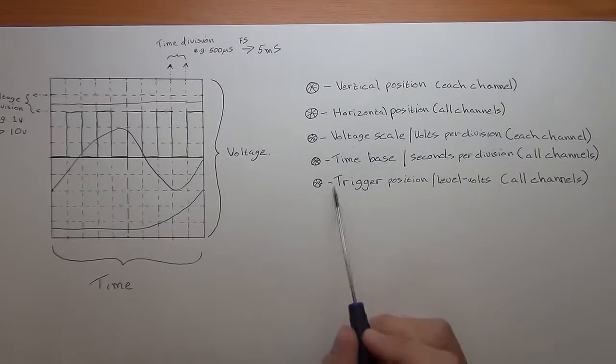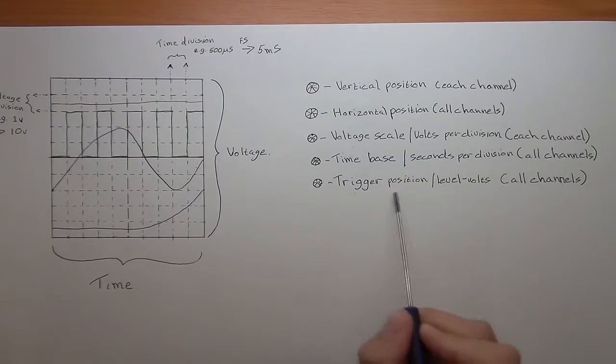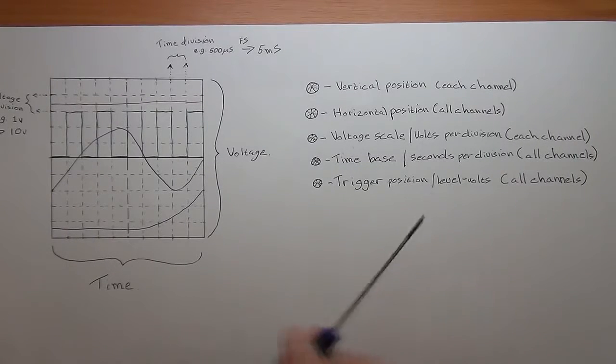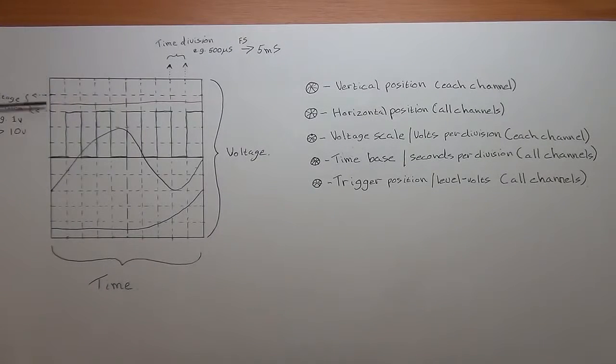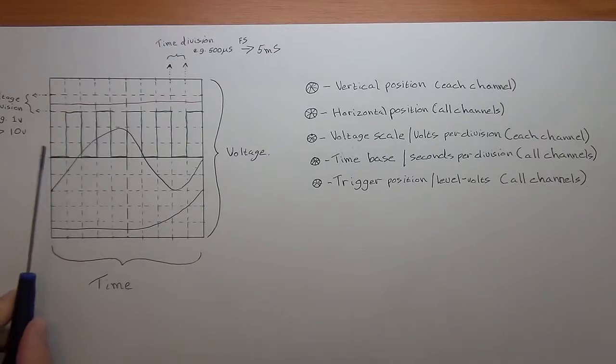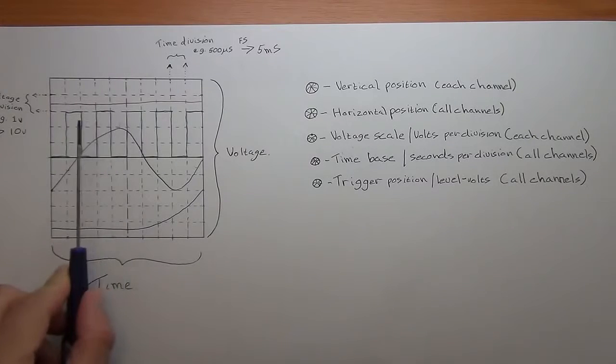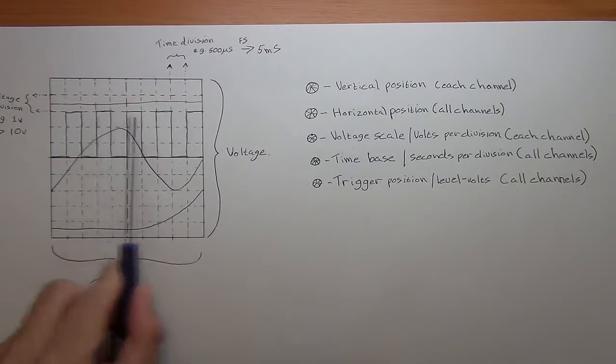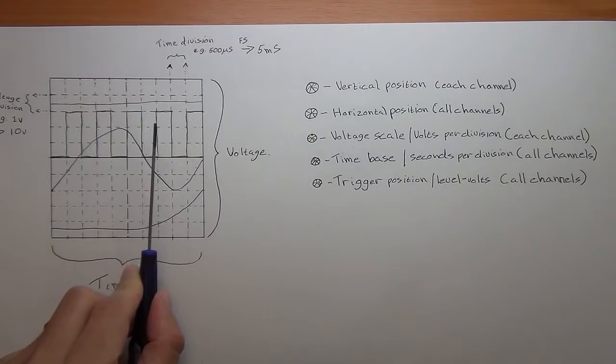Then another interesting and important adjustment is your trigger position, and that's something I'm going to demonstrate now. You can adjust that so that it gives you a stable view of your signal coming in. Your signal might not necessarily be a clean one which is being displayed in the same position of your display the whole time.